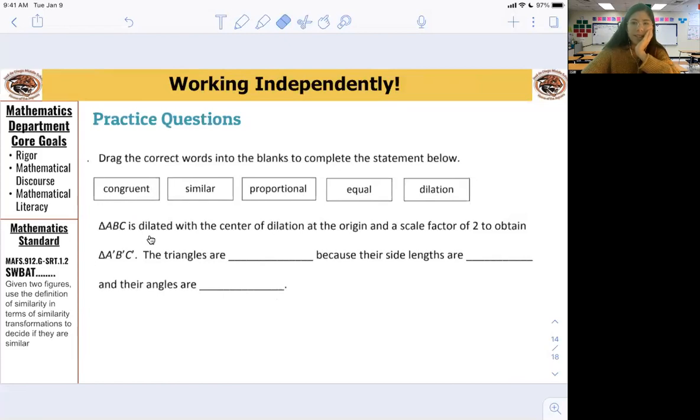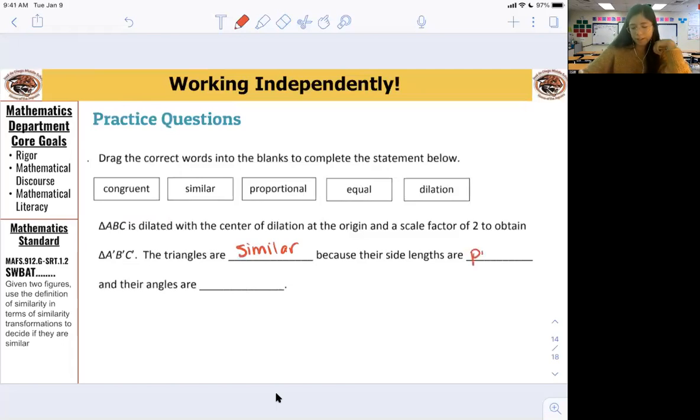All right, guys. Here we go. The triangles are what? I think they're similar. Good. The triangles are similar because their side lengths are proportional.